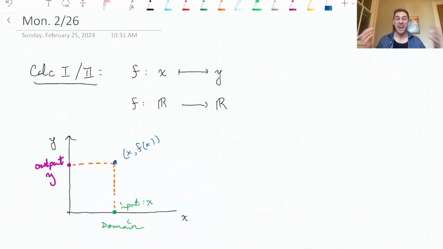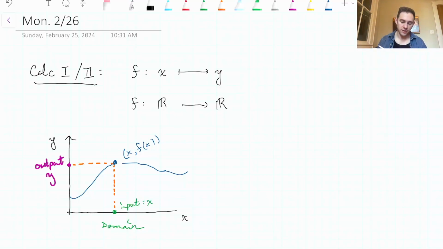And then, of course, if I gather all such points, I'm going to create what we call the graph of the function, if I can manage to not keep erasing everything. And so on. So this is where we cut our teeth on calculus. This is where we developed all of our ideas about calculus.